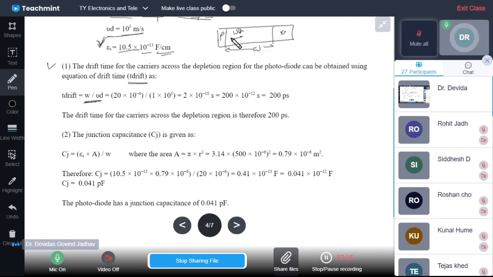Electron moves towards the N side because N is connected positive, P is connected negative.